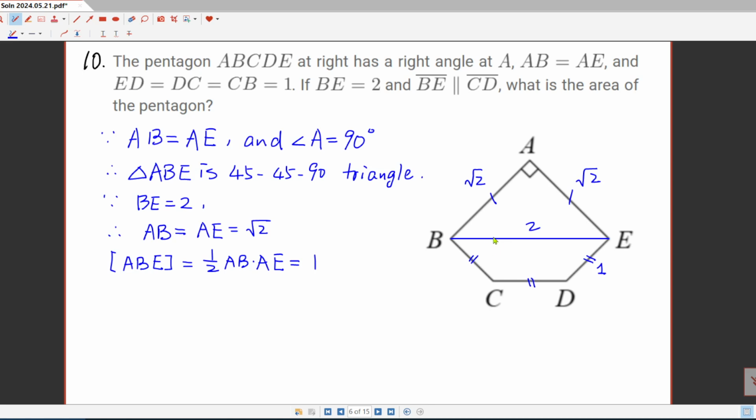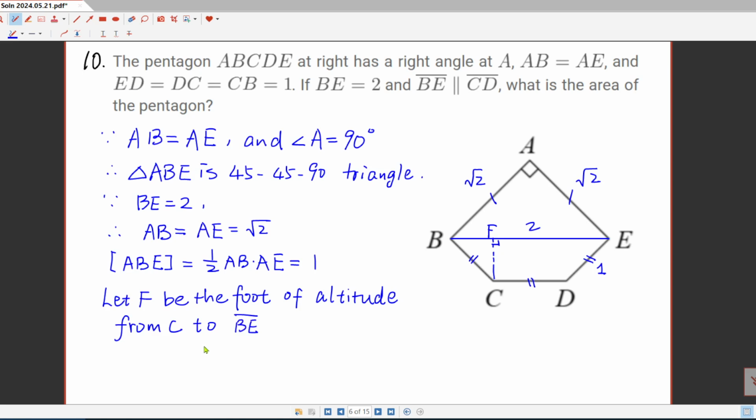So we could draw the altitude from C to BE, and let the foot of perpendicular be F. So we need the length of CF.